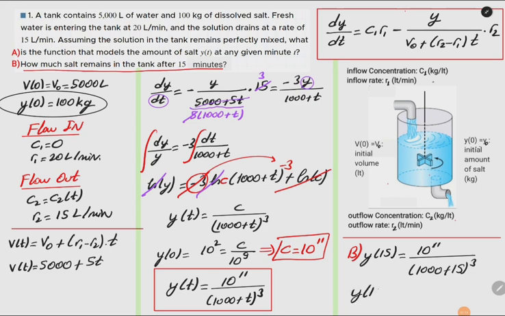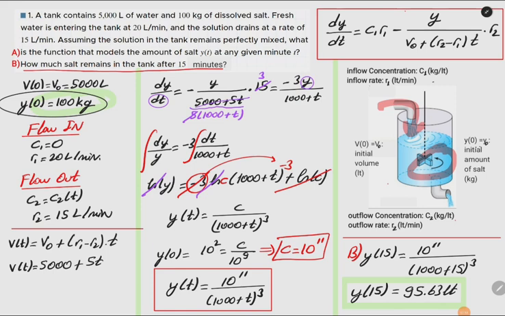And the result, of course, for you, my dear friends, I have calculated before and found 95.63 kilograms. And let's spend a few words interpreting this result also. We have initially 100 kilograms of salt, right? But the input concentration is 0.